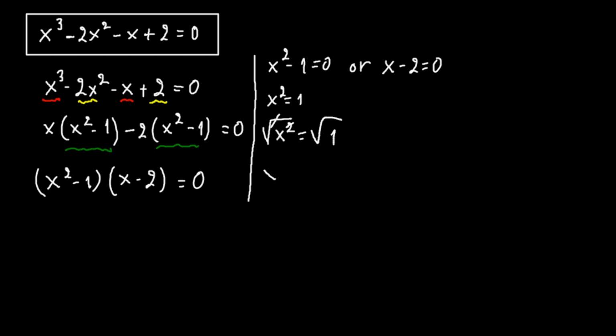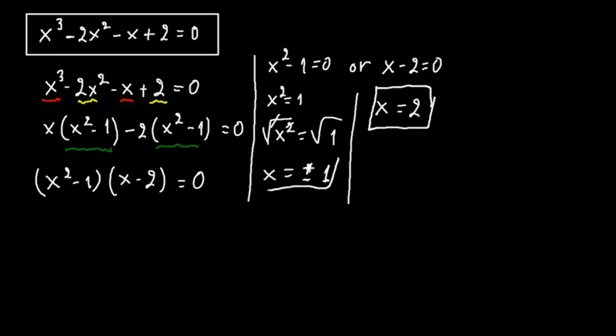So we have that x equals plus minus 1 from this one, and from this one we have that x equals to 2. So we have three solutions.